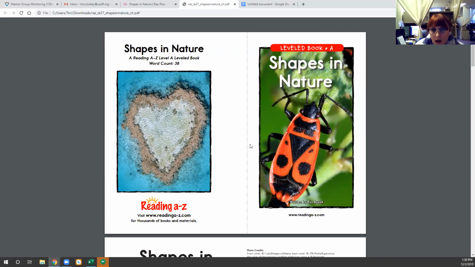Well, I see a tall tree with thick branches hanging out of the bottom and thinner branches reaching out from the top. And from a distance, the tree kind of looks like a triangle. And that's a shape in nature, just like the black shapes on that bug's back. And I'm interested to see what other shapes this author is going to show while we read.